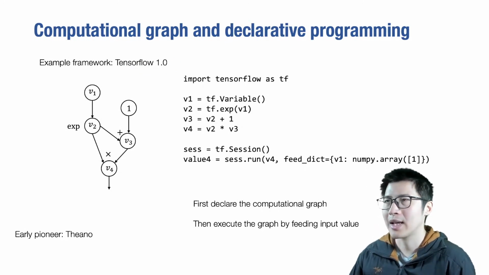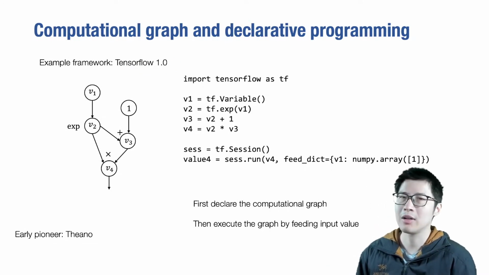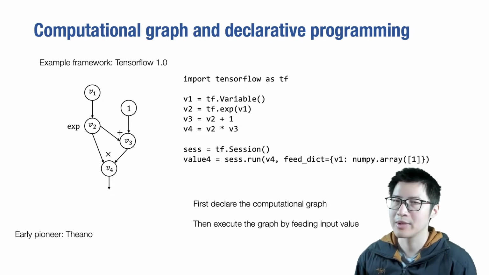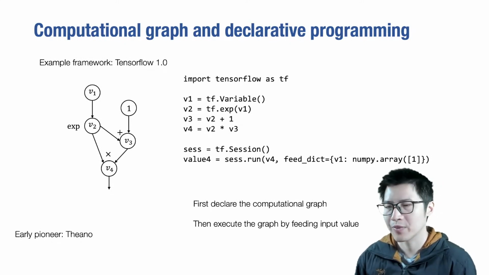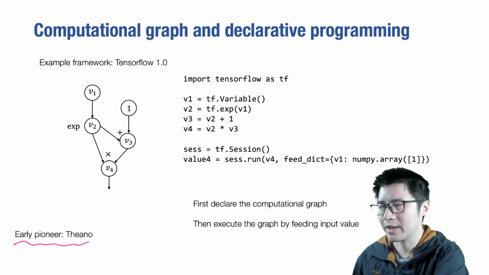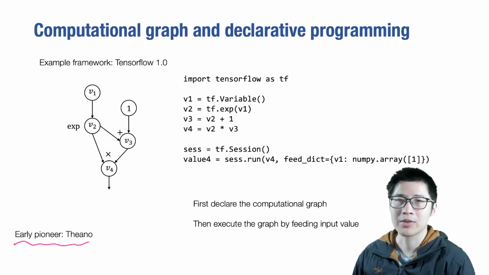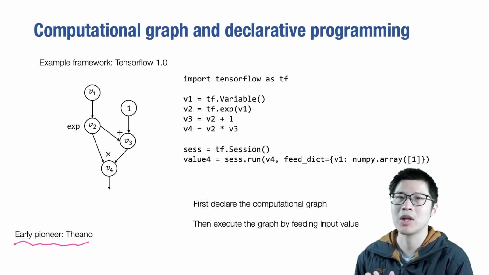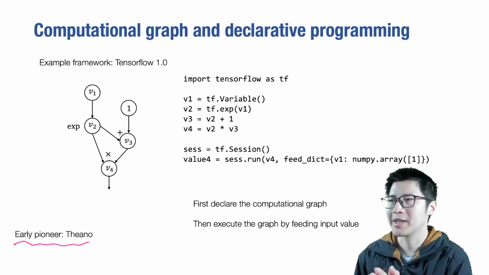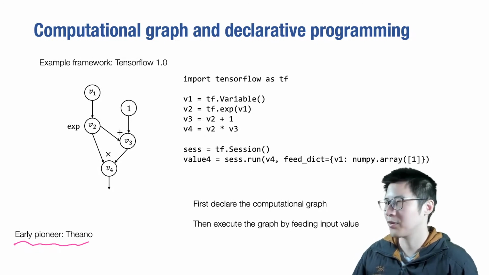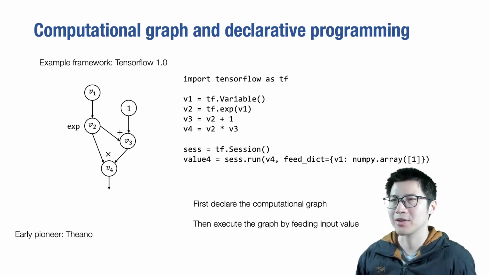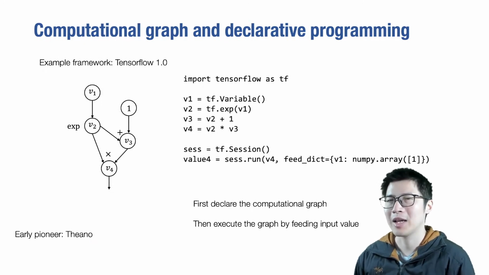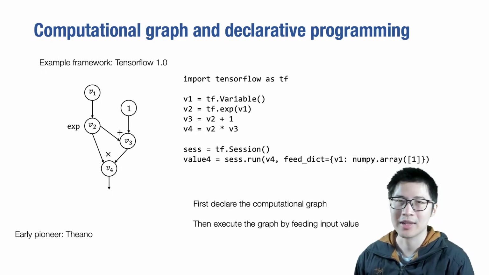I also want to mention that TensorFlow 1.0 is not the first framework that came up with the concept of computational graph. The pioneer was called Theano, from the University of Montreal, and you can see quite a few reflections of the API design between TensorFlow and Theano in the early days.